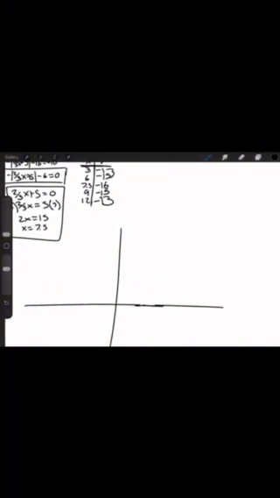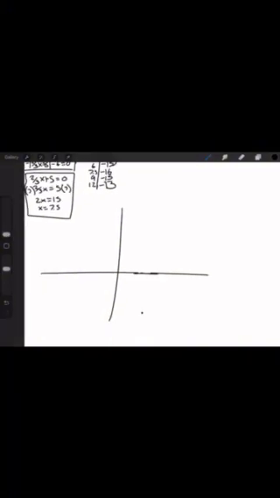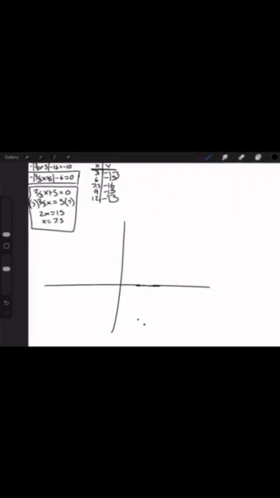And then 9, 15 would also be about right there. And then 3 would be here, and that's negative 13, so that's just about there.